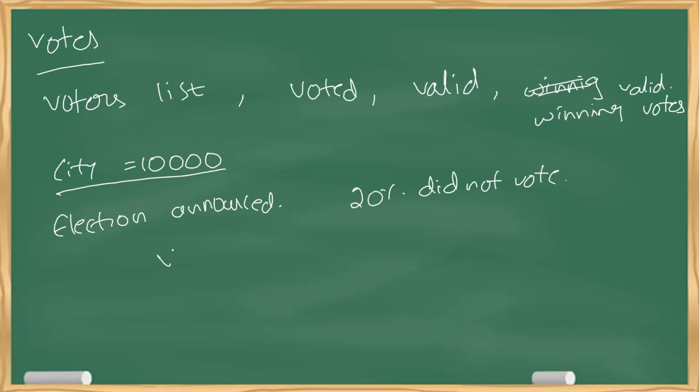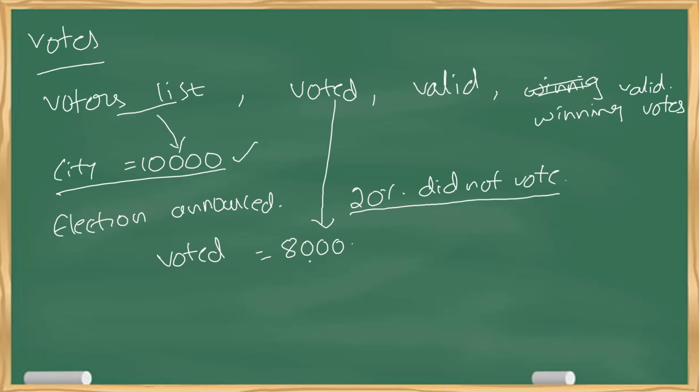So how many people have voted? 8,000 people voted. Am I clear? Out of 10,000 voters in the city, the voters list is 10,000. Now how many voted? 8,000. Why? Because 20% did not vote.